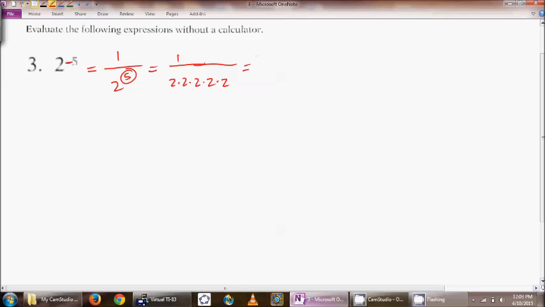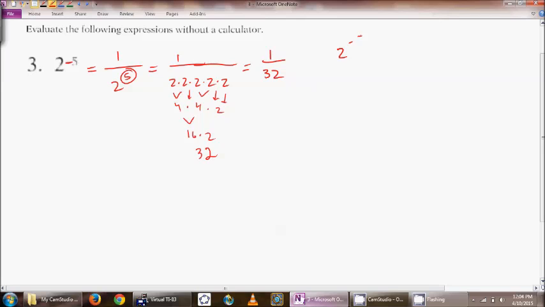Multiplication is wonderful. I can do the simpler multiplication and group it. So 2 times 2 is 4, times, bring that down, 2 times 2 is 4, bring down that multiplication and bring down that 2. Well, 4 times 4 is 16, times 2, that's 32. So this is all really 1 over 32.